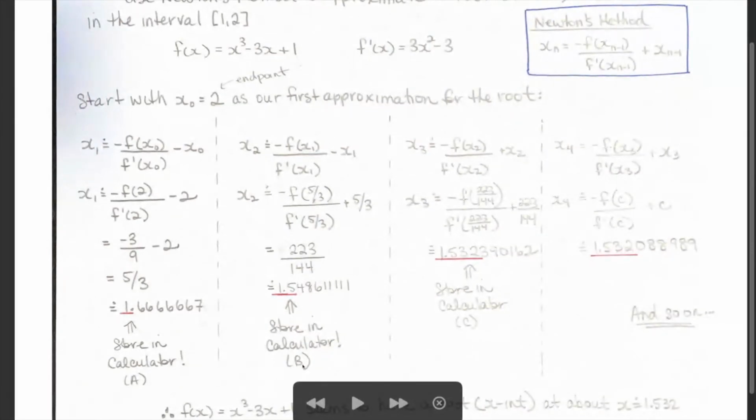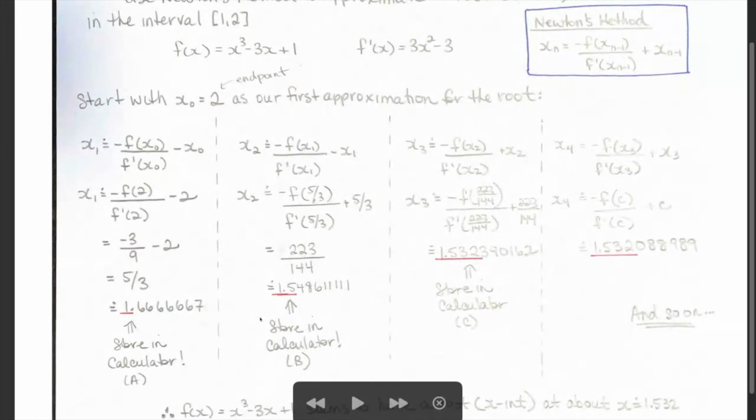I'm going to put it into variable b, and then use the variable b in my next formula that will allow me to calculate x3. So this is like my fourth point that I'm going to check. I plug in my variable b, and this time my formula determines a value of 1.532390162. So you can see now we're getting a little bit closer.